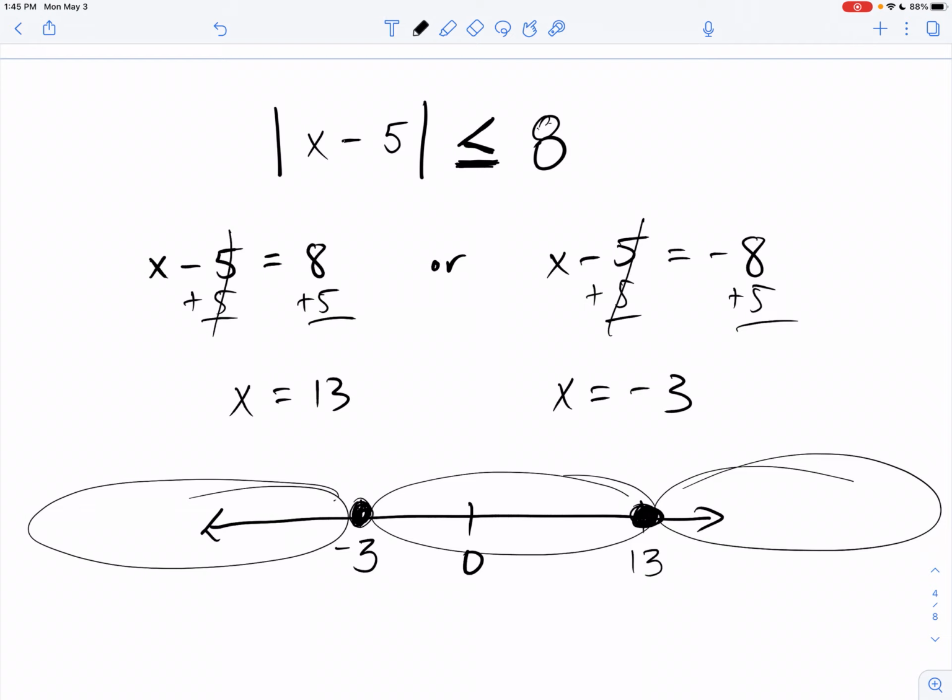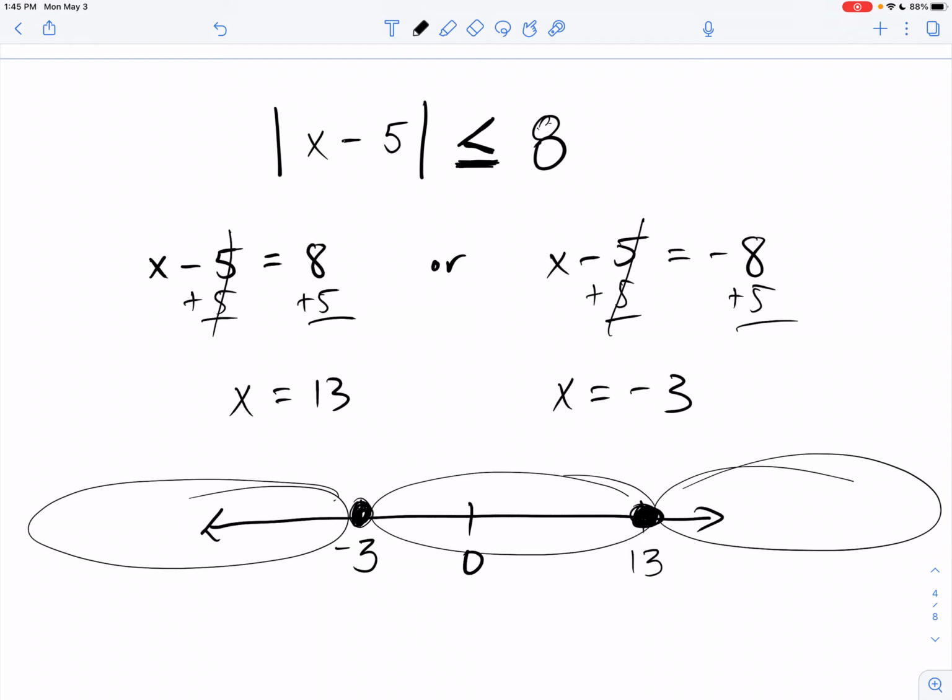I have all the numbers that are smaller than negative 3. I have all the numbers that are bigger than 13. And I have all the numbers that are between negative 3 and 13. So here's what we do. We do something called number line analysis, just like we did with quadratic inequalities.